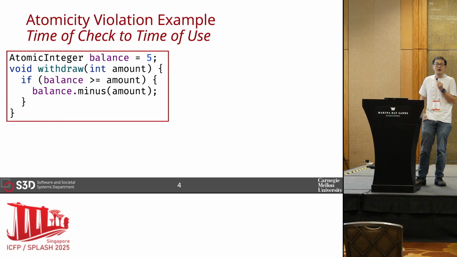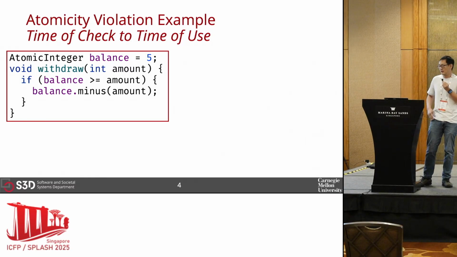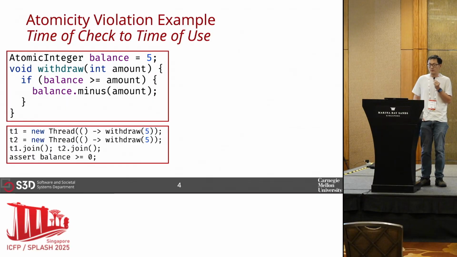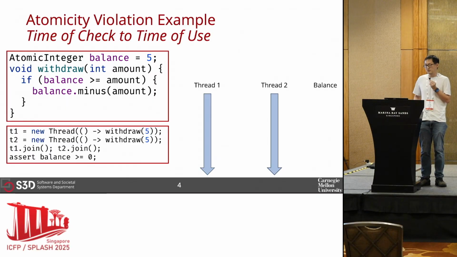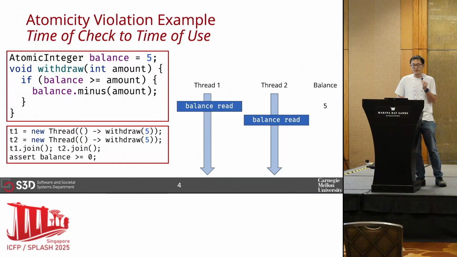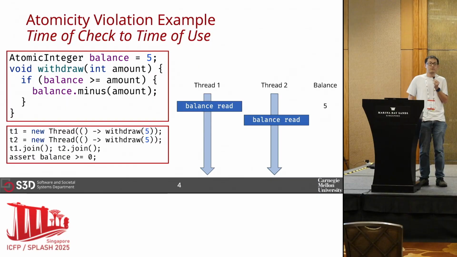To give you an example of what those bugs look like, let's look at this simple bank account example. I'm implementing this withdrawal method, and I'm calling it from two threads separately. I can come up with a schedule where I let both threads read the balance from the shared variable and do the condition check, so that both threads will enter the true block.